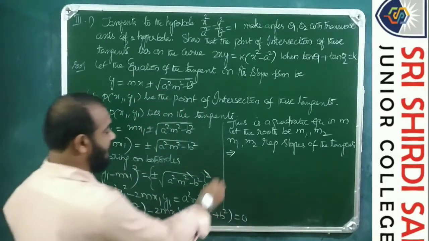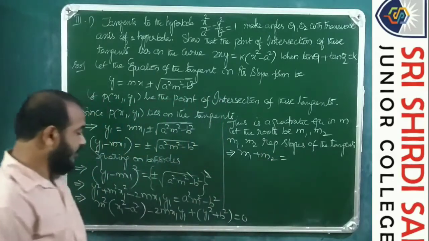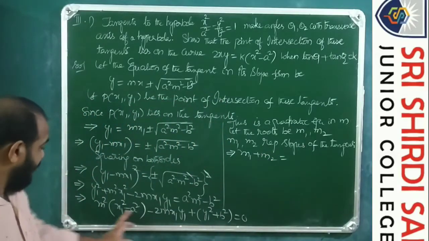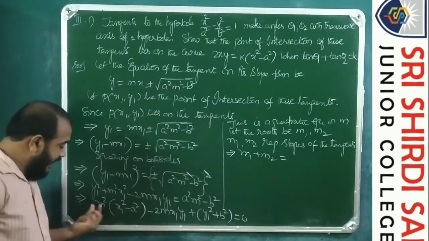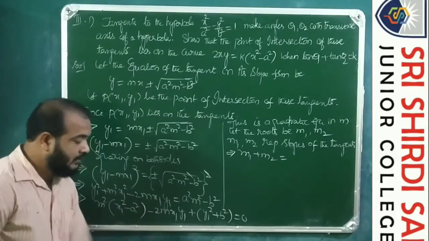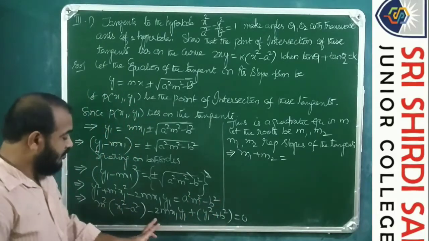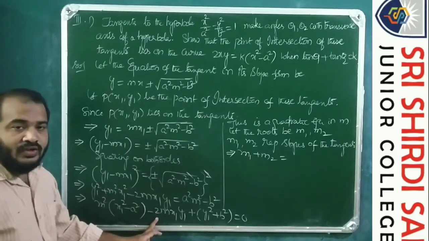For a x square plus b x plus c equals 0, the sum of the roots m1 plus m2 is equal to minus b by a.